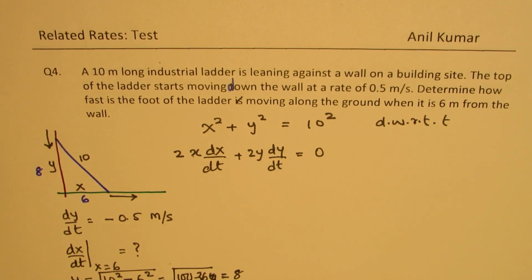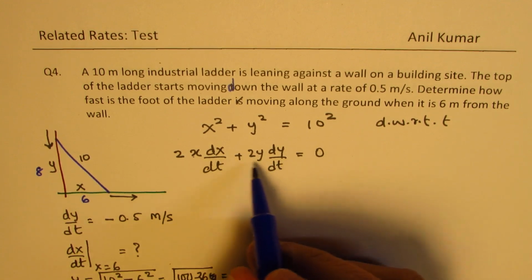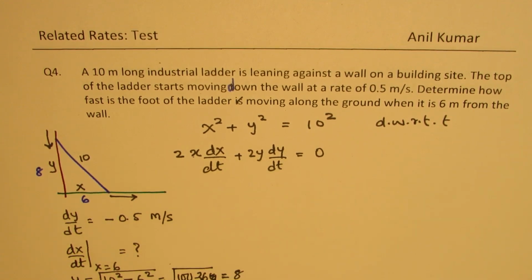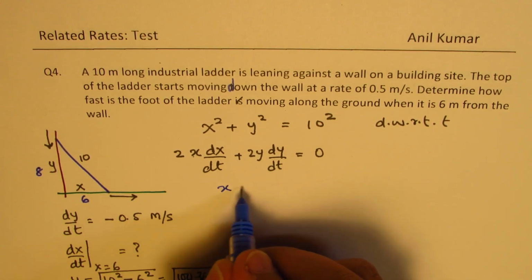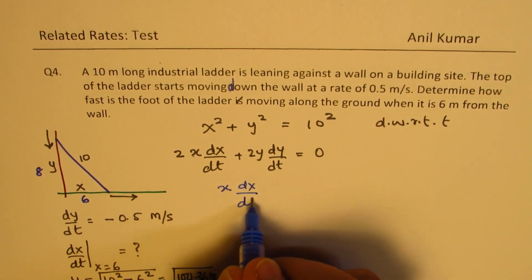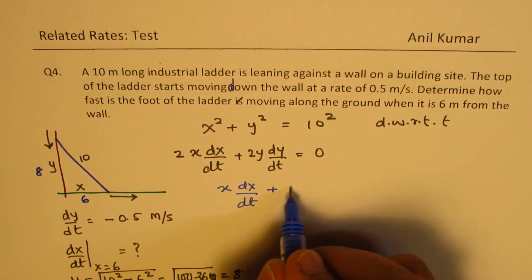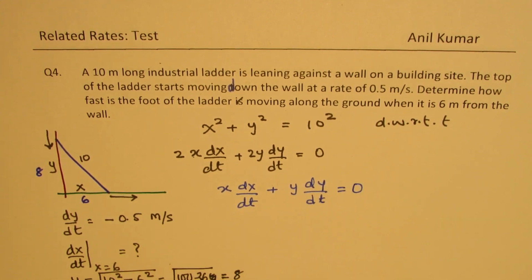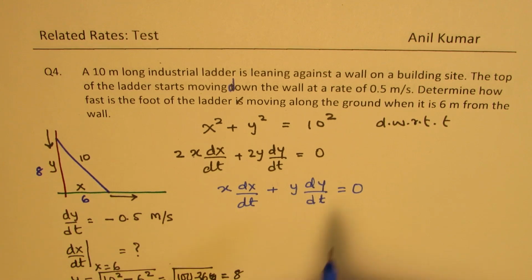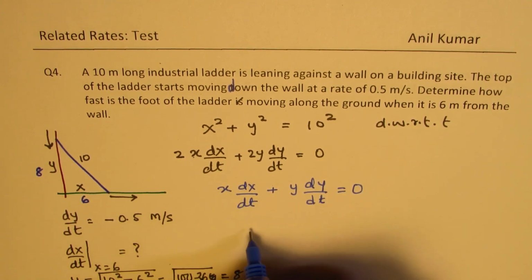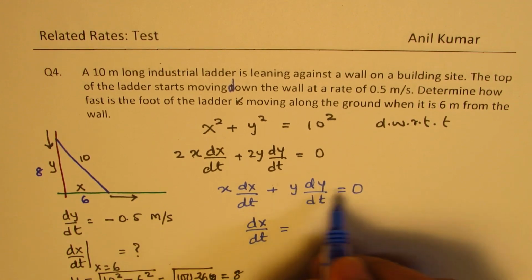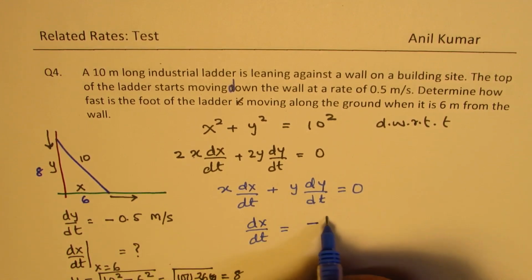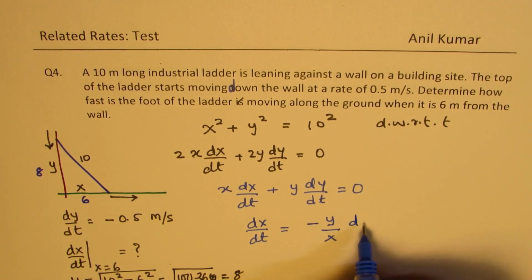Now, you can always cancel 2 from these places. So what we get here is x dx/dt plus y dy/dt is equal to 0. Since we need to find dx/dt, let's isolate this. So we have dx/dt equal to minus y over x times dy/dt.